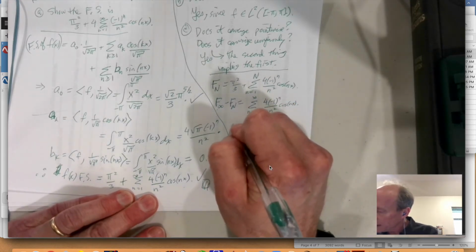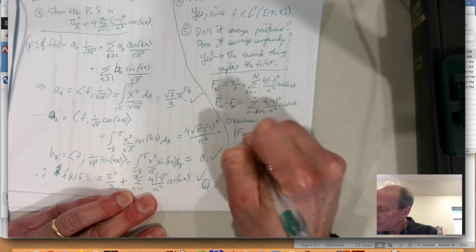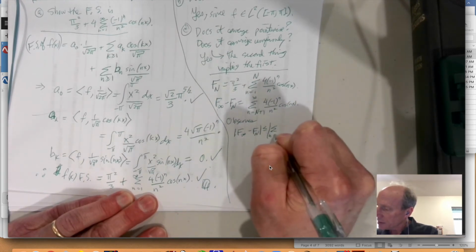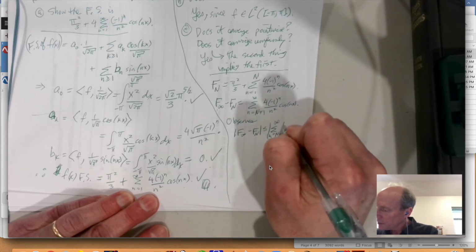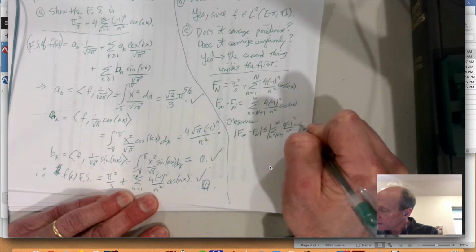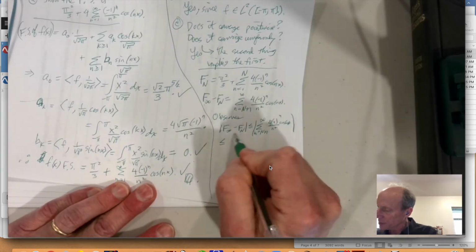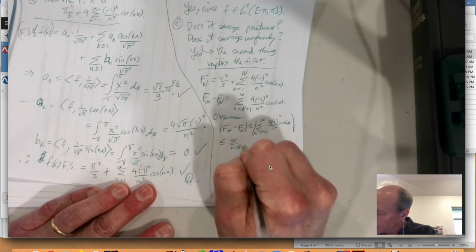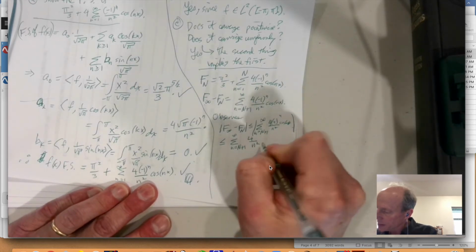So observe that the absolute value of f infinity minus f_N is less than or equal to the sum from n equals N plus 1 to infinity of 4 times negative 1 to the n over n squared cosine of nx, and that is less than or equal to the sum from n equals capital N plus 1 to infinity of 4 over n squared.